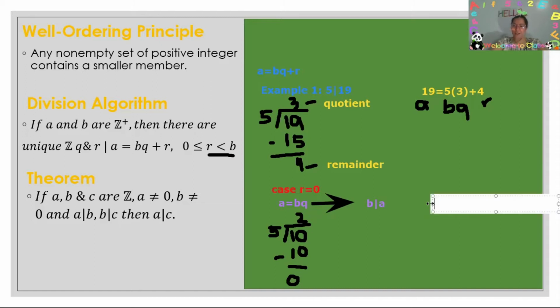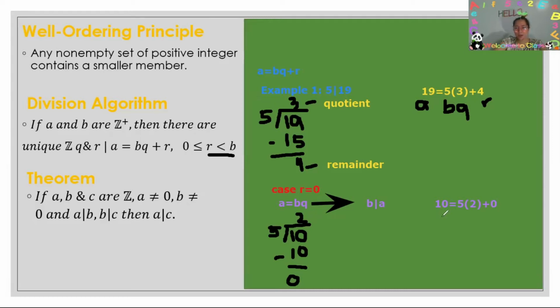So we have now 10 as the value of our A equals the value of our B, which is 5, times the value of our Q, which is the quotient 2, plus the remainder 0. So these are some example cases wherein R is 0.